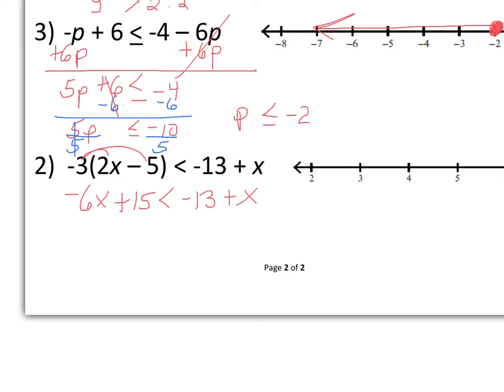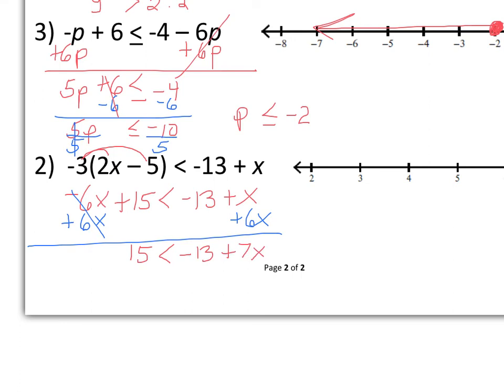Now just for variety, I'm going to decide to move this 6x over here. And again, only because I want to keep it positive. But you could have moved just as easily this x term over this way. It doesn't matter. And I've got the 15 coming down, -13, 1x plus 6x is 7x.